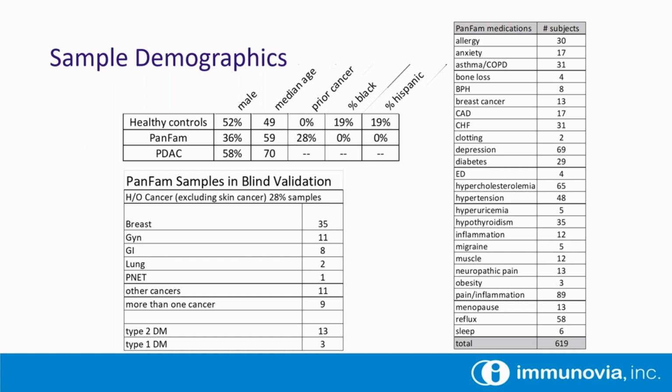This slide also shows a summary of the types of cancer, predominantly breast cancer, that these patients had a history of. Also, I think it's important to highlight that these are not especially healthy individuals in the PanFam group. Collectively, these 200 or so individuals were taking more than 600 medications, some of them related to their prior cancers and others to various comorbid conditions.